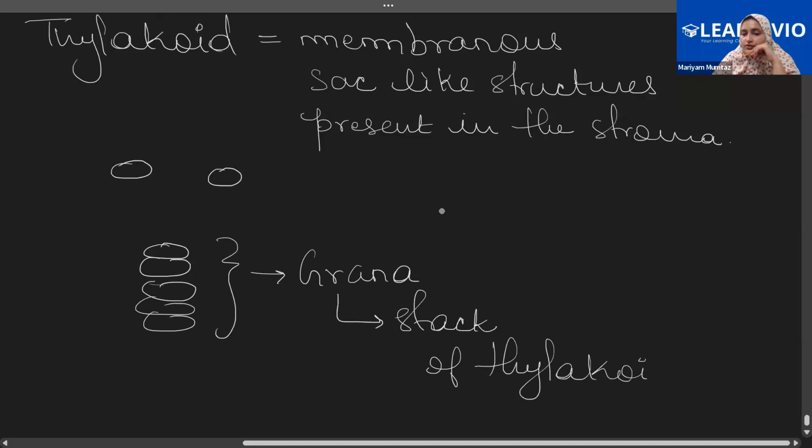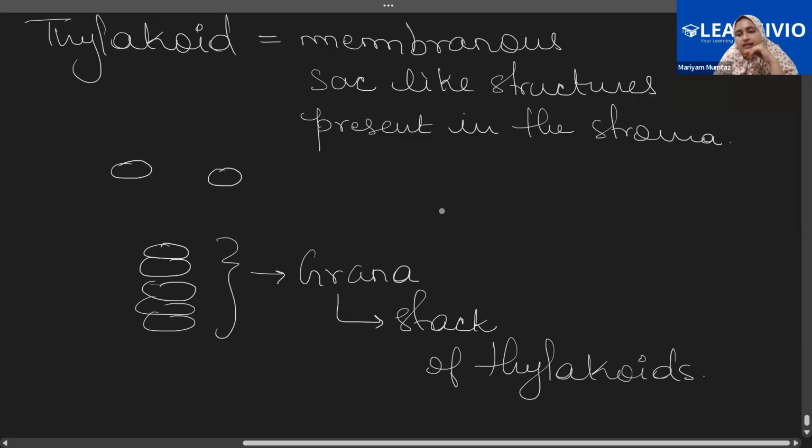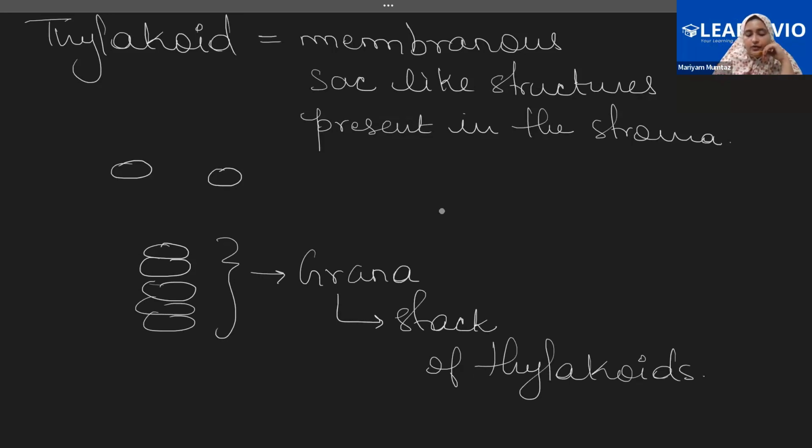Okay, students, the stack of thylakoid is known as grana. Now, what is the function of grana? All of these structures that we have discussed up until now are extremely important in terms of photosynthesis.